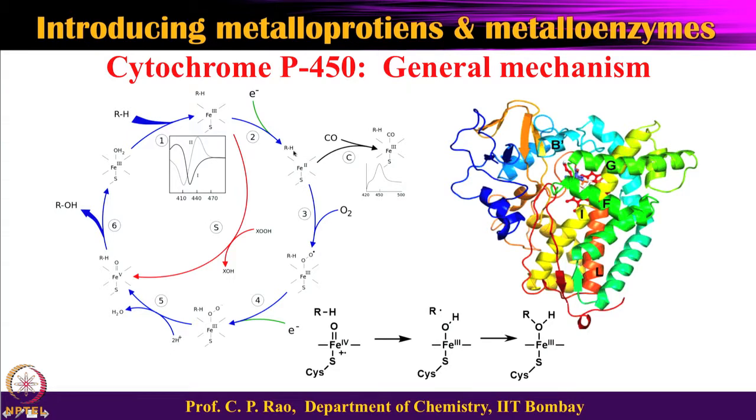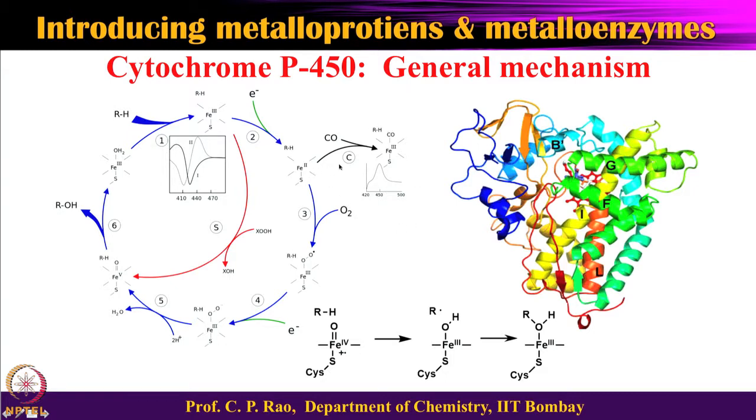How is it identified? It is trapped. You just pass CO at this stage and that converts into a complex, and this complex has an absorption, IR, all kinds of things can be monitored and studied. So this part is not a part of the mechanism, this part is a part of identifying this intermediate.